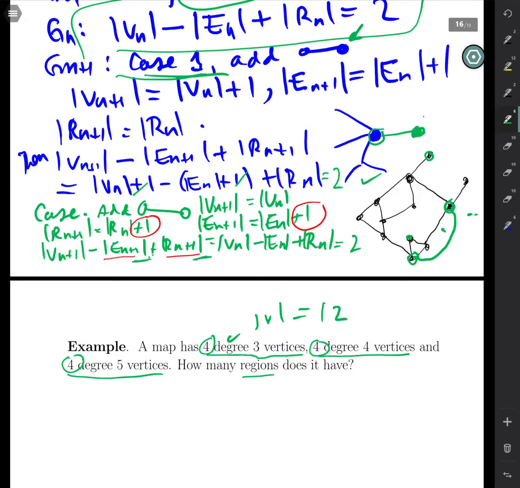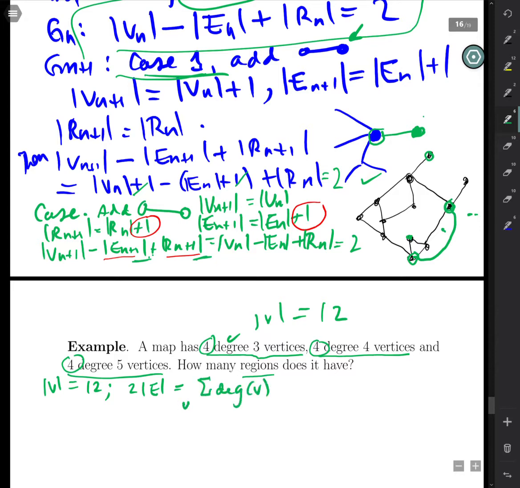The number of edges we can find because we know the sum of the degrees of the vertices is twice the number of edges. So what we have is, first of all, the number of vertices is 12, then 2 times the number of edges is the sum of the degrees of the vertices. It's also the sum of the degrees of the regions in a planar graph, right? But here, this is the one we want because that's 4 times 3, that's the 4 with degree 3, plus 4 times 4.